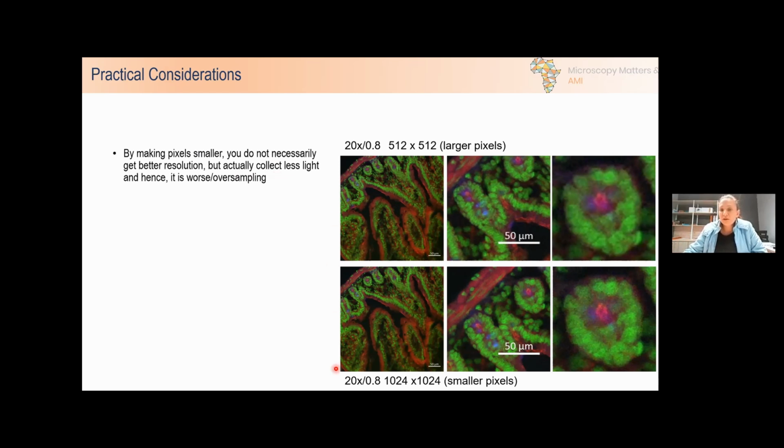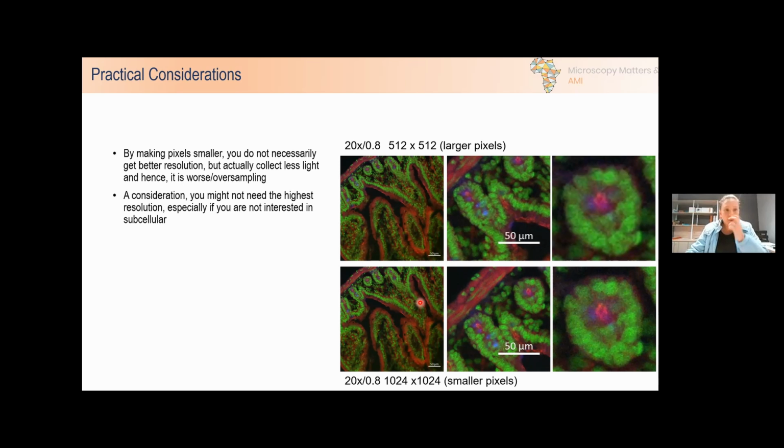In the examples here on the right-hand side, mouse intestine, you can see the images at the top are represented by 512 by 512 larger pixels, and below at double the resolution, 1024 by 1024, which is smaller pixels. But in effect, you don't really see a big difference. So the question is, do I really need to go to a higher spatial resolution? Oftentimes, it's not necessary, and you need to make that decision for yourself.